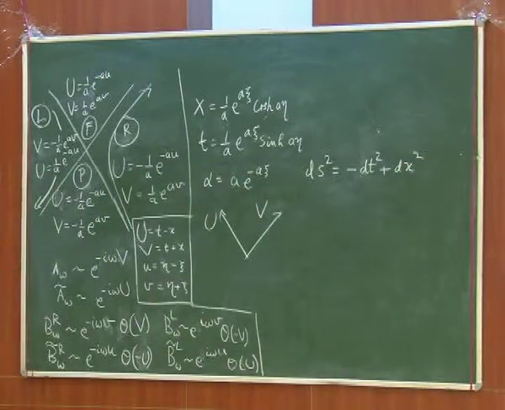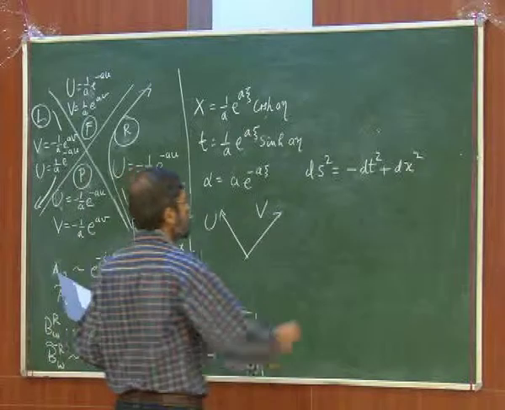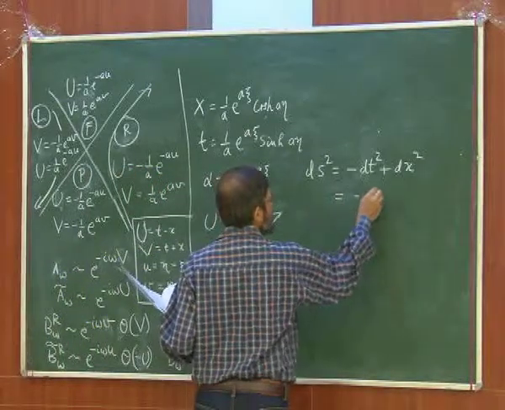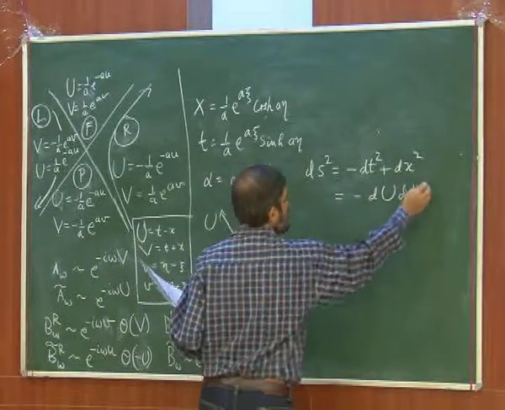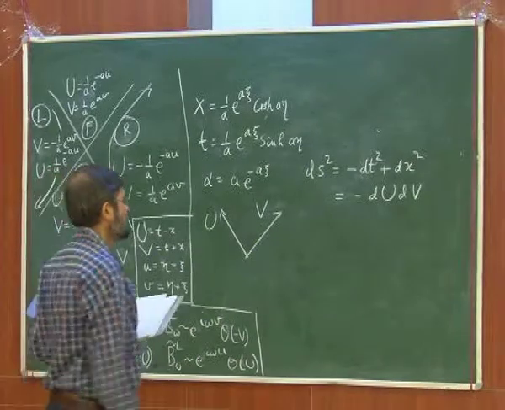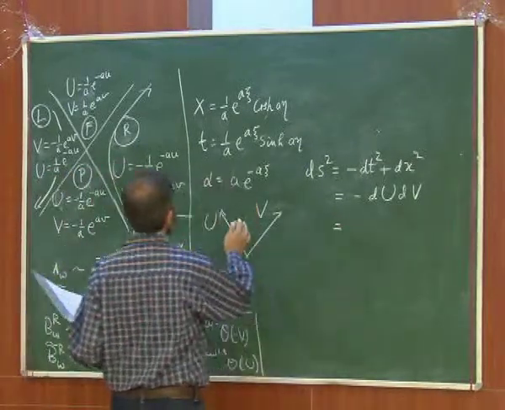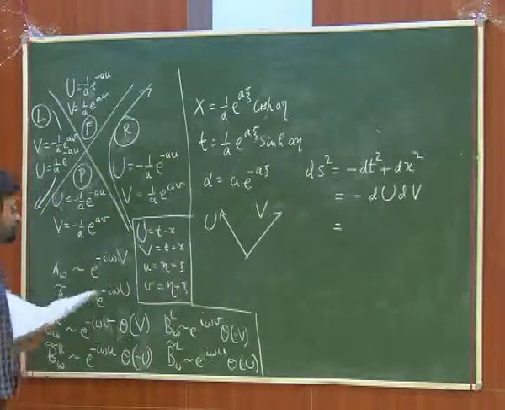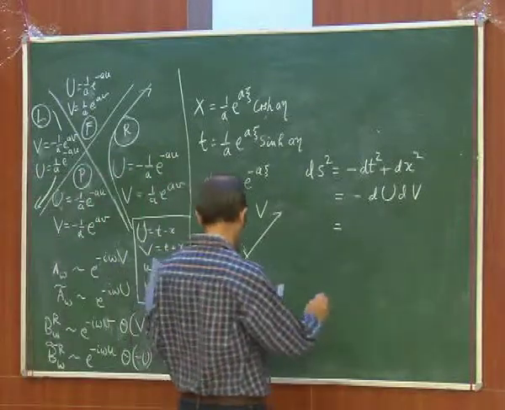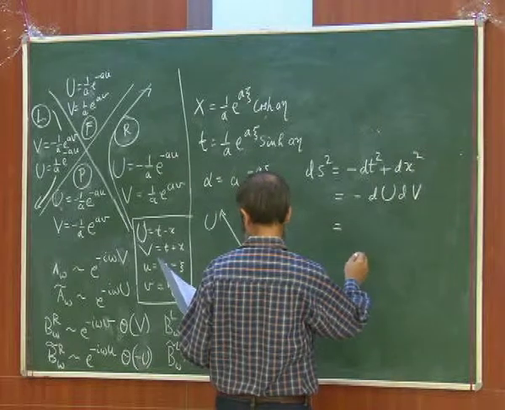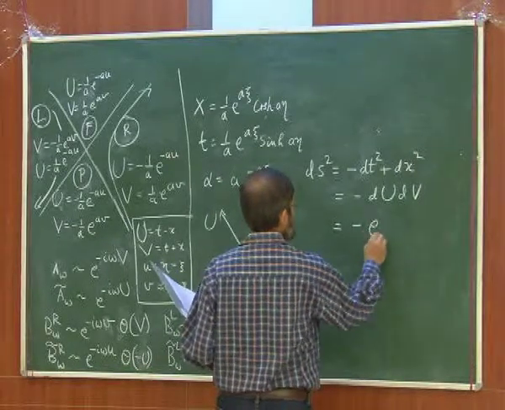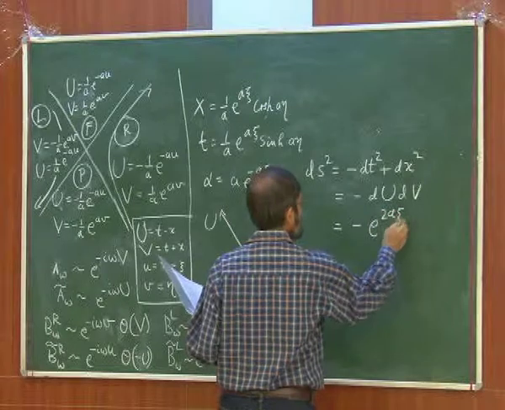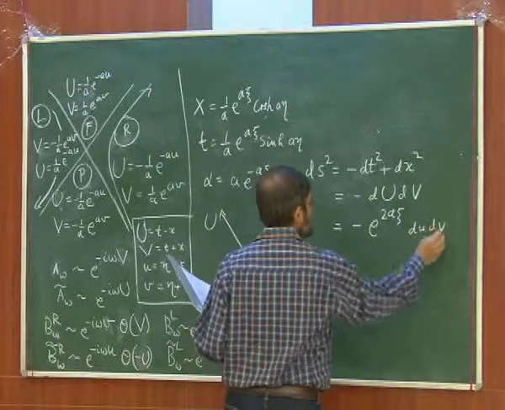The metric in the Minkowski coordinate, of course, is this, which is the same as minus du dv, and that's the same as, now it's a trivial exercise, apply this transformation, and that turns out to be e to the power 2a xi small du dv.